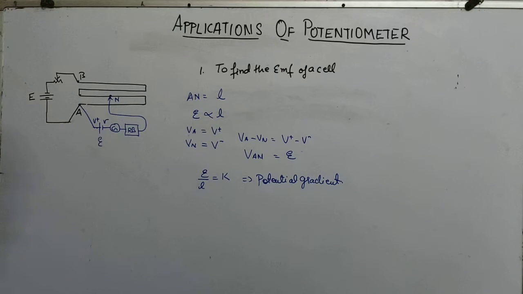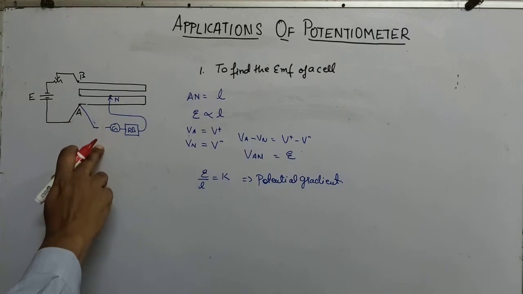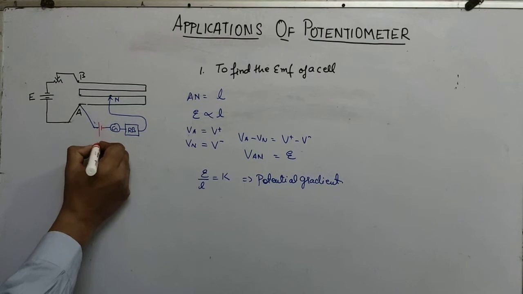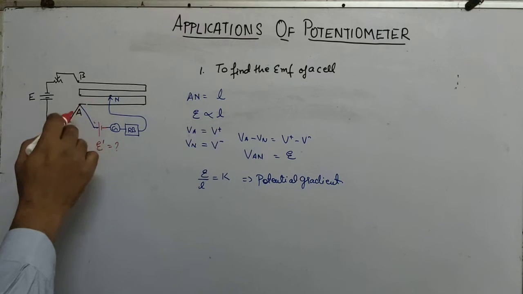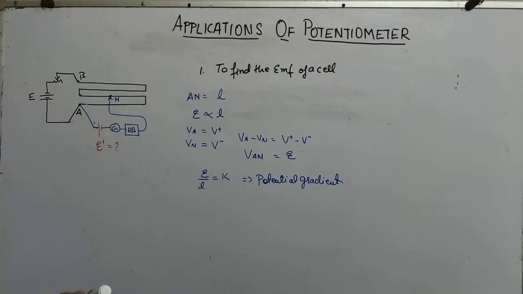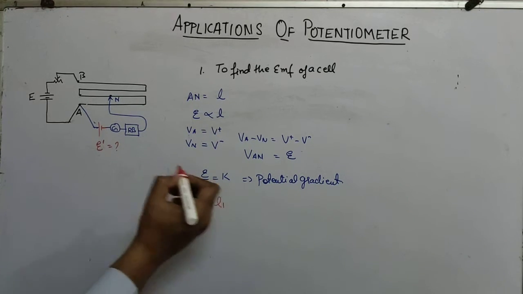Fine. Now the next step is we will connect the cell whose EMF is not known to us. So in the same circuit we connect the cell of an unknown EMF, say this is E dash. E dash is not known to us, this is what we have to find. Now the balancing length which we get say is L1, so AN in this case is L1.